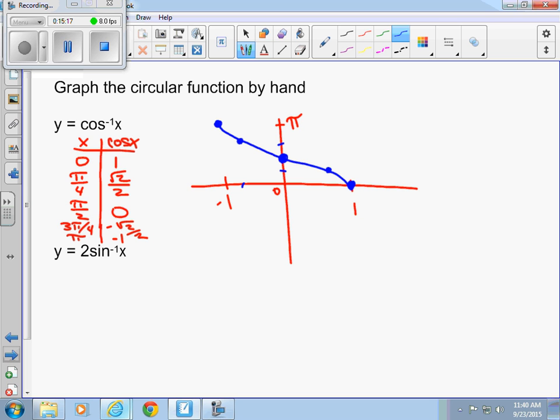Now you have two options. You can do that every time, or you can memorize it, it's up to you. It is not as common as sine and cosine. If you are really lazy and don't want to plot those points, you can memorize where they are and go from there. I don't care as long as you get the right answer. You know how you have the graph of cosine memorized?